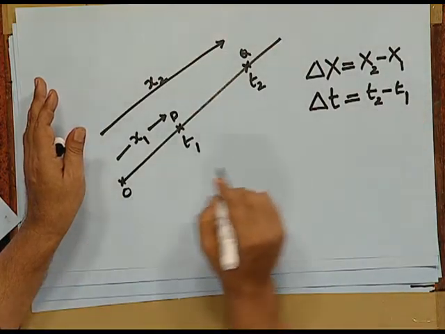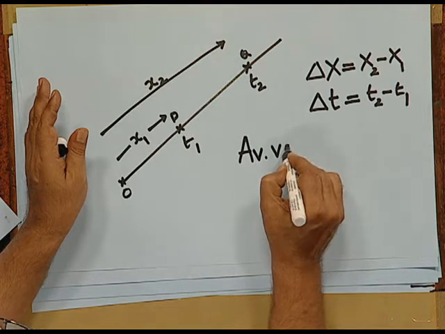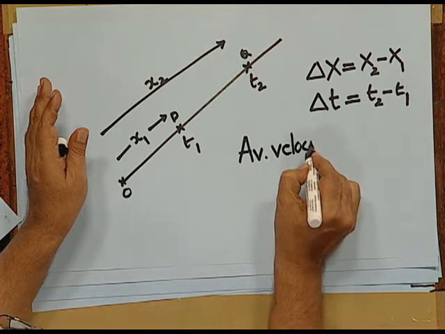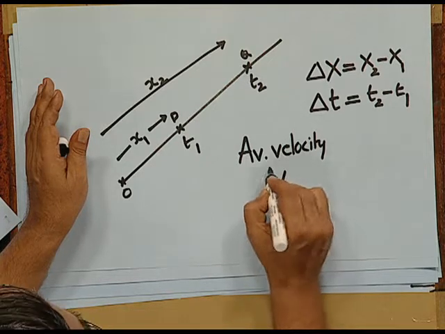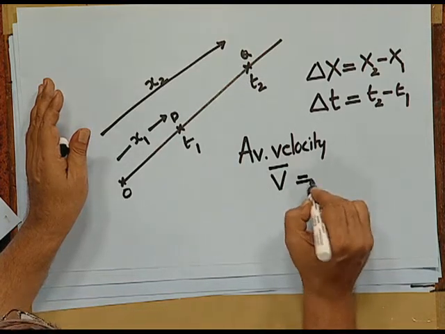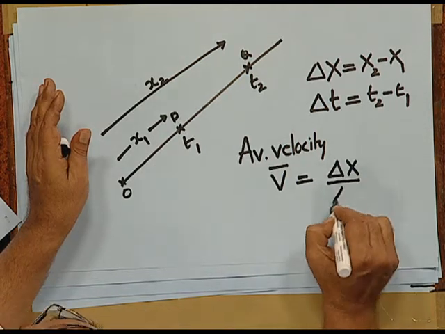We define a quantity called average velocity for this interval, represented by V bar, as delta x by delta t.